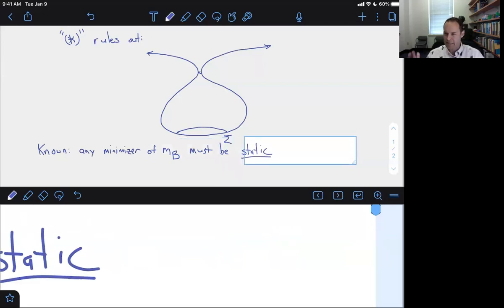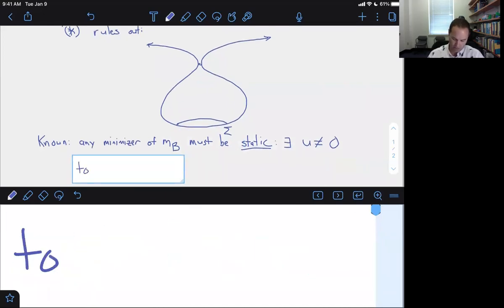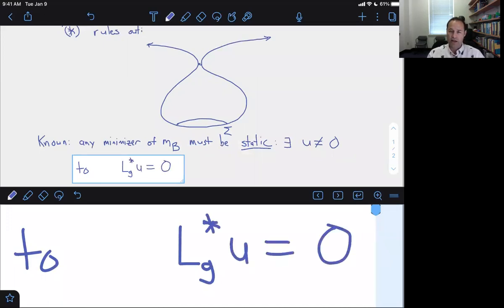And this is mentioned earlier in Lon's very nice talk, for example, but I'll just review here what I mean. I'm phrasing it in a slightly different way, but static for me here means there exists a non-trivial solution U to this equation here.